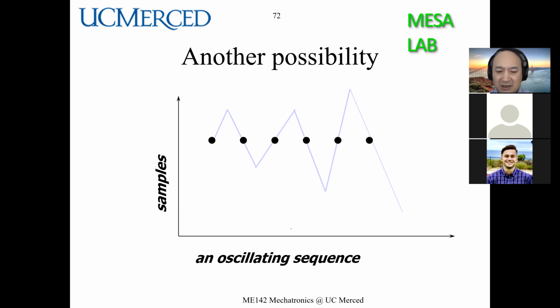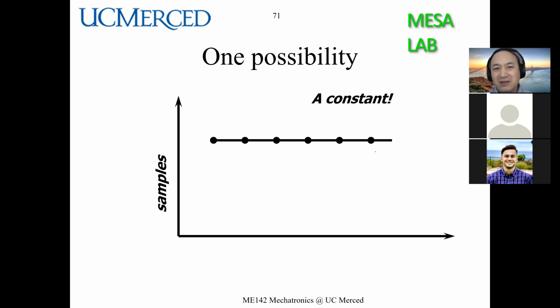That needs extra work. If you sample a few more points, then you would be able to tell this is this signal. Otherwise you thought this is a constant.